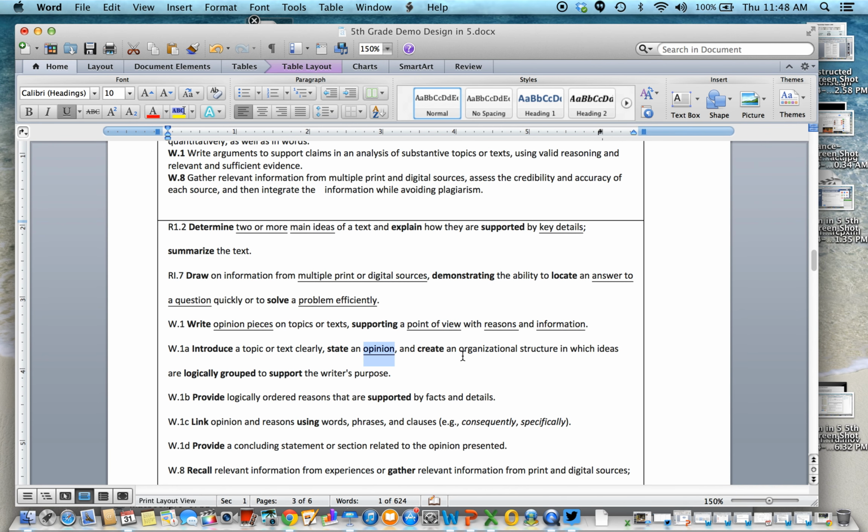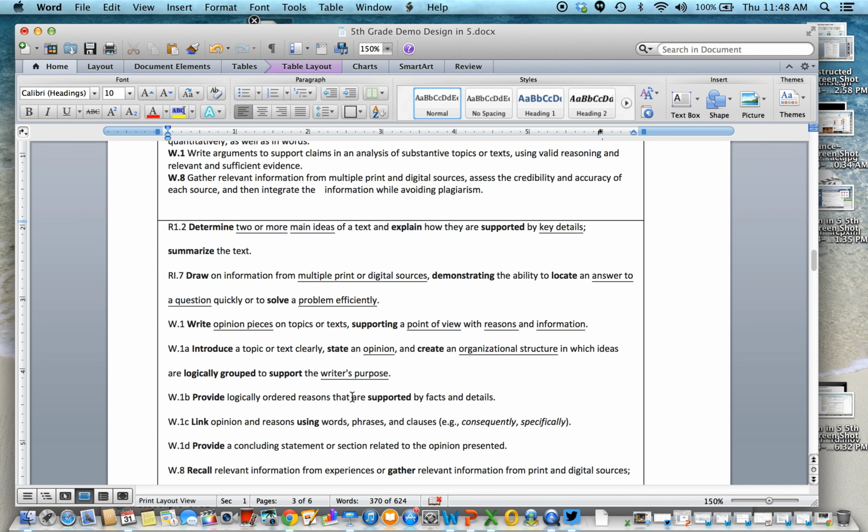So I'm going to put opinion again. Oh, this concept, an organizational structure. So they're going to have to create some of that structure either through their writing, maybe some graphics. It's going to depend on what we choose. And then, of course, they're going to have to think about a purpose. So that's going to also inform the context of the assessment task.